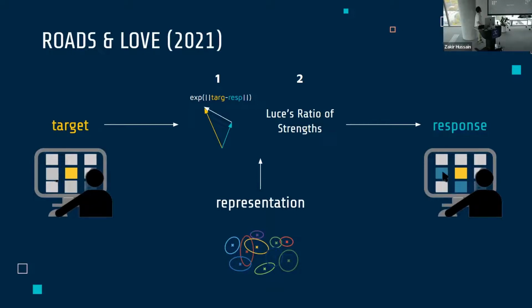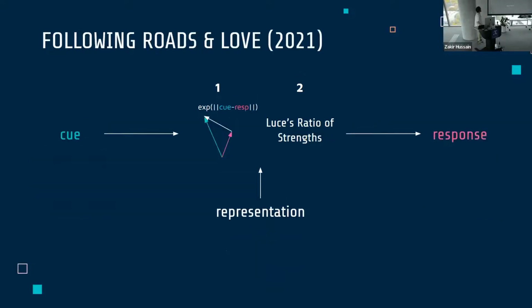Then if we were to apply that in our setting, which I've been sort of mixing up the words for already, you would take in a cue, compare it to all of the potential options for responses with some similarity function, and then output your response.